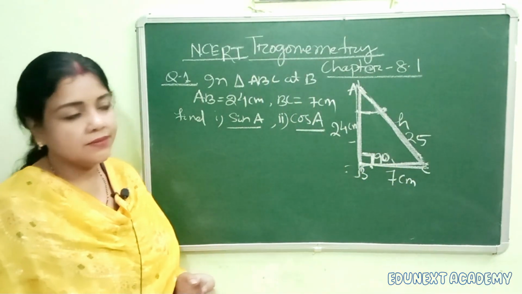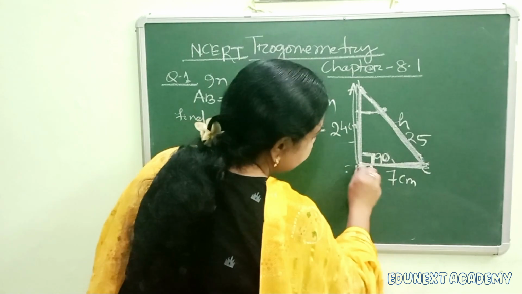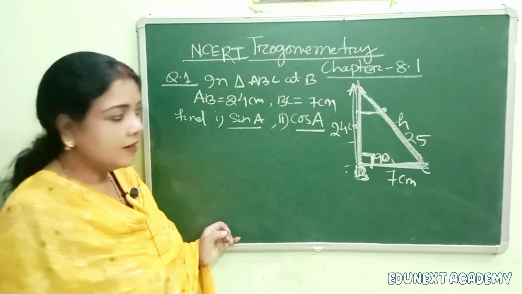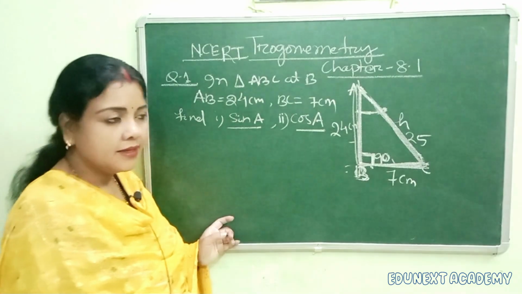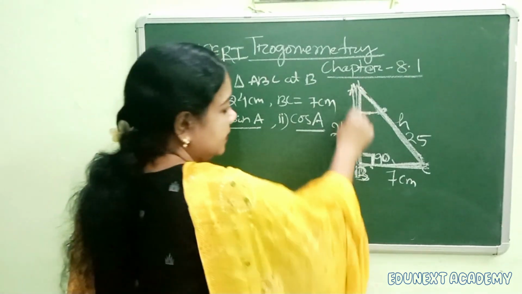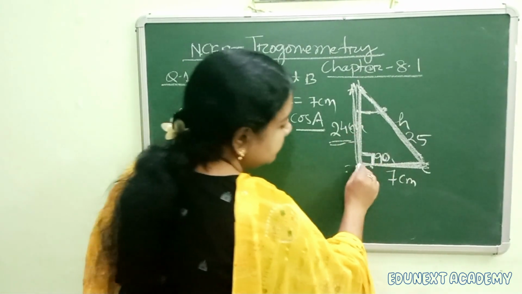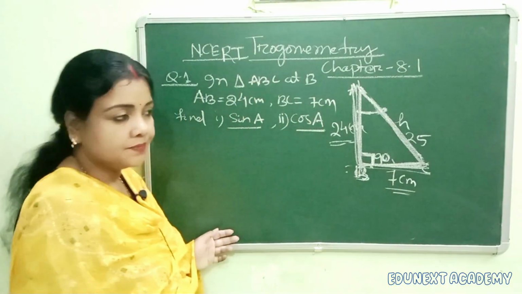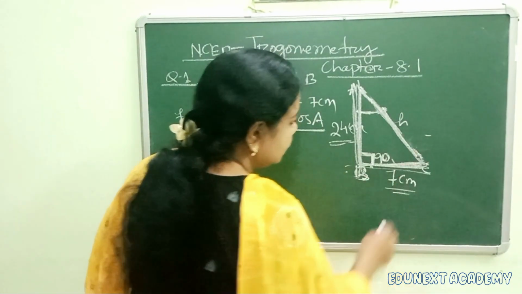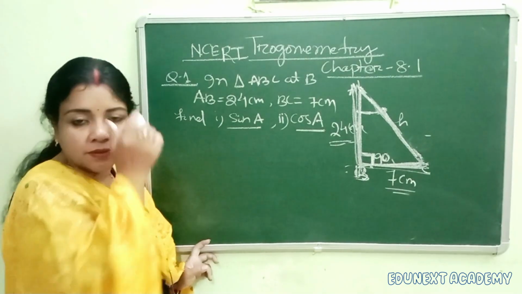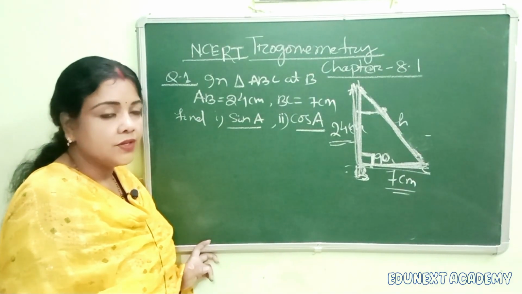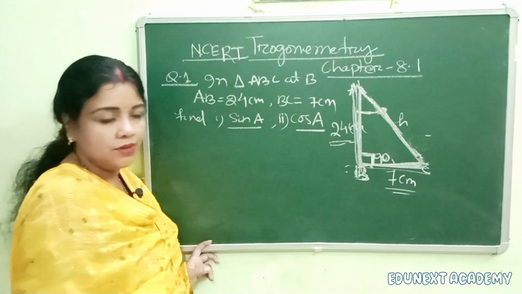Question number 1 is given. ABC is a right triangle. Angle B is 90 degrees and AB is given as 24 centimeters. BC is given as 7 centimeters. If two sides of a right triangle are given, you know how to find the hypotenuse.